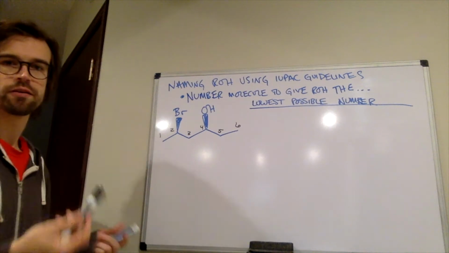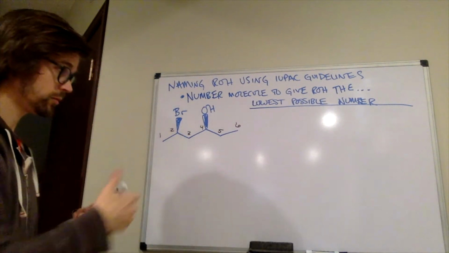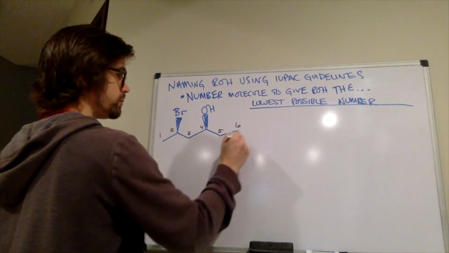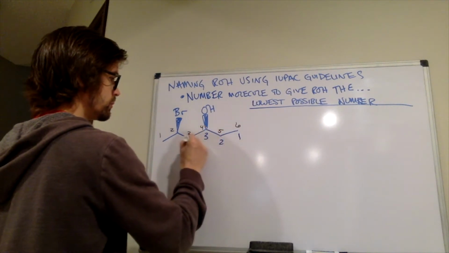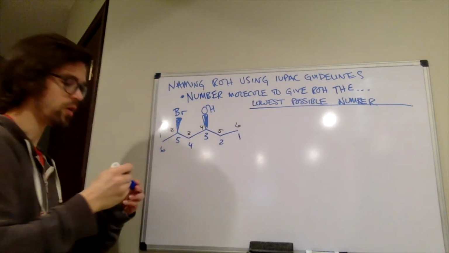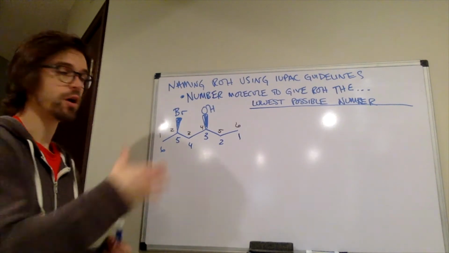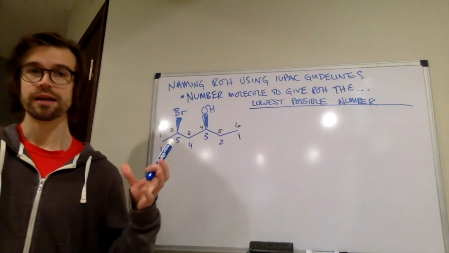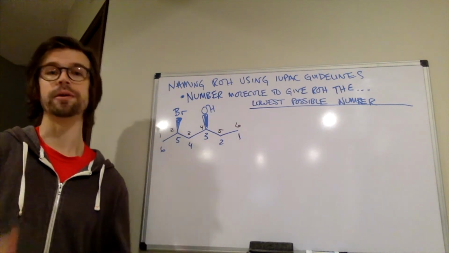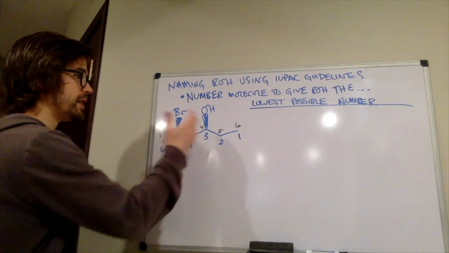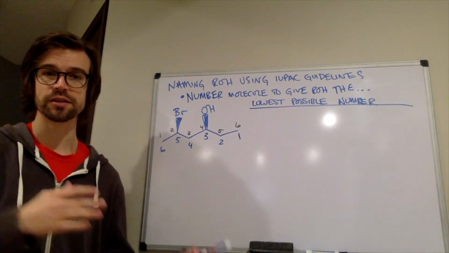So that means that with this molecule that's shown here, if we numbered left to right, the alcohol would have number 4. If we number right to left, the alcohol has number 3. So the right to left naming is the ideal naming in the IUPAC system because the alcohol functional group has the lowest number.